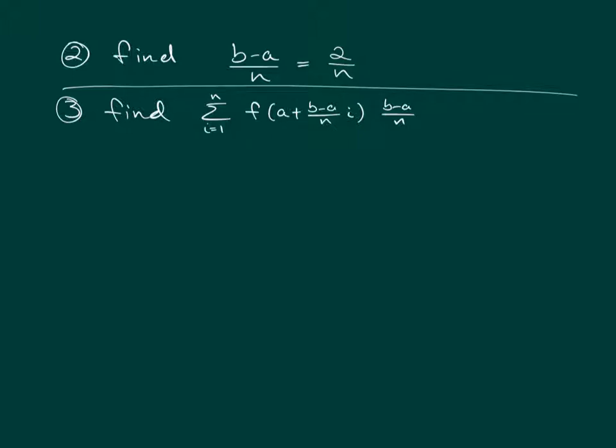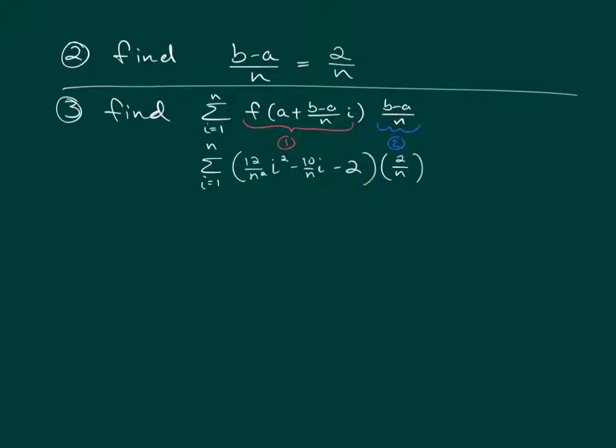Next, the third step is to find the summation of all of these things. And this was what was computed in step 1, and this was computed right above in step 2. So now we're going to find the summation of all of this stuff. So the sum as i goes from 1 to n of all of this.